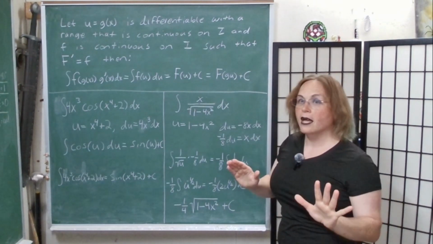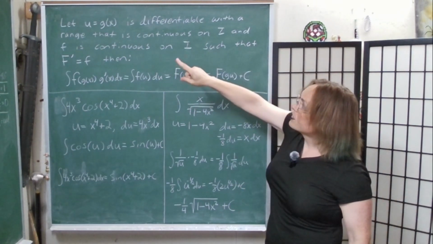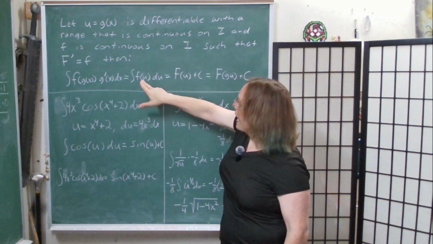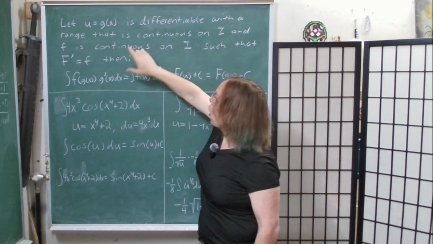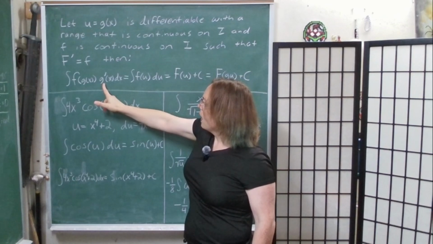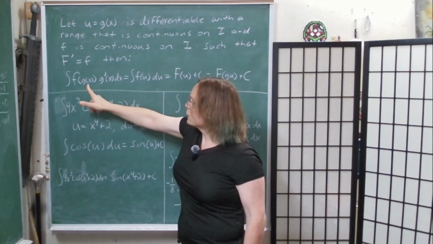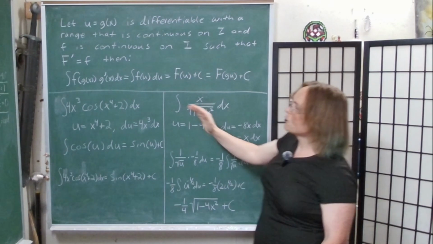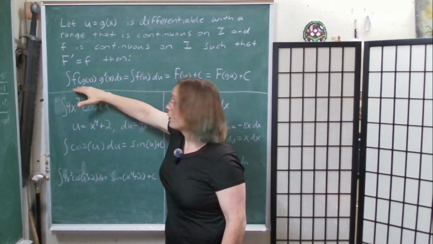As long as when you do this substitution, your function is continuous on the range of whatever your internal function was here. But that's kind of the situation you're getting when you're doing your integral anyway.